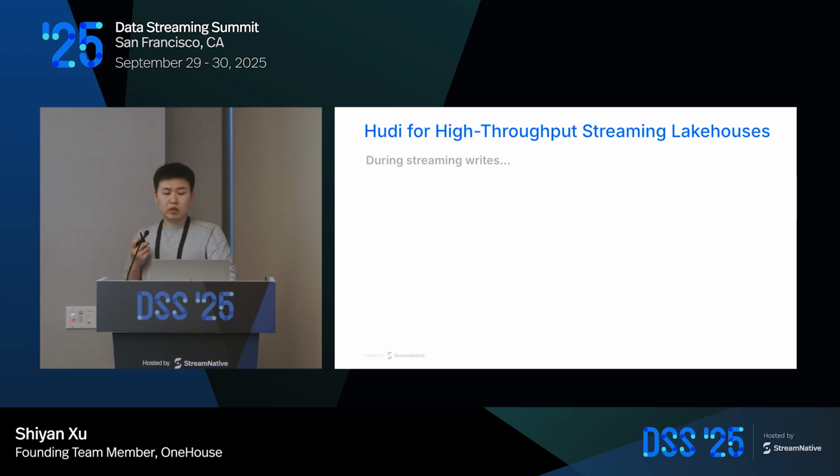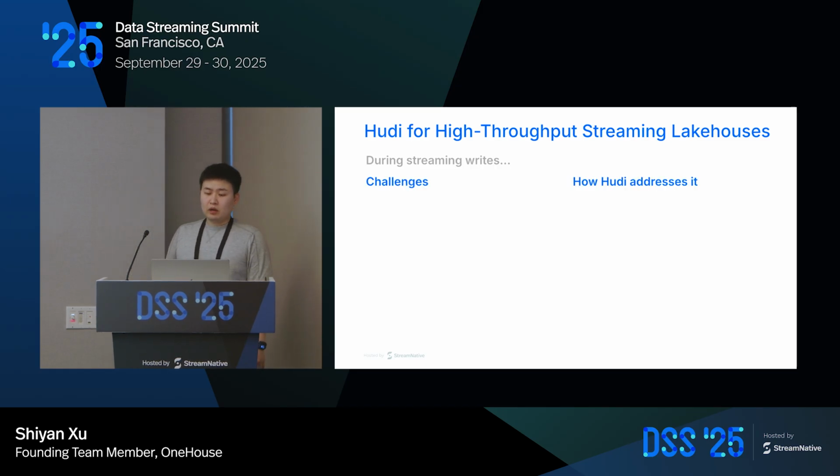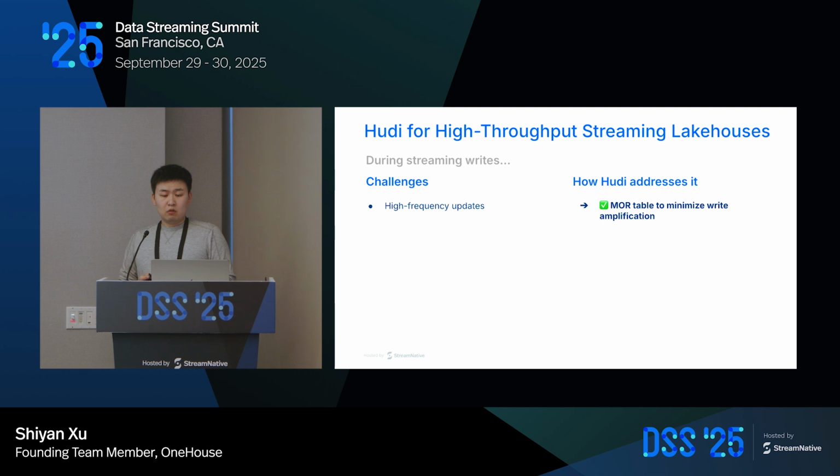Finally, when accumulating long commit history in streaming writes, the long commit history can add read and write overhead in the timeline. Hudi implements LSM timeline to optimize the storage and loading performance. Overall, all this streaming-first design makes Hudi a robust Lakehouse platform for high-throughput streaming use cases.